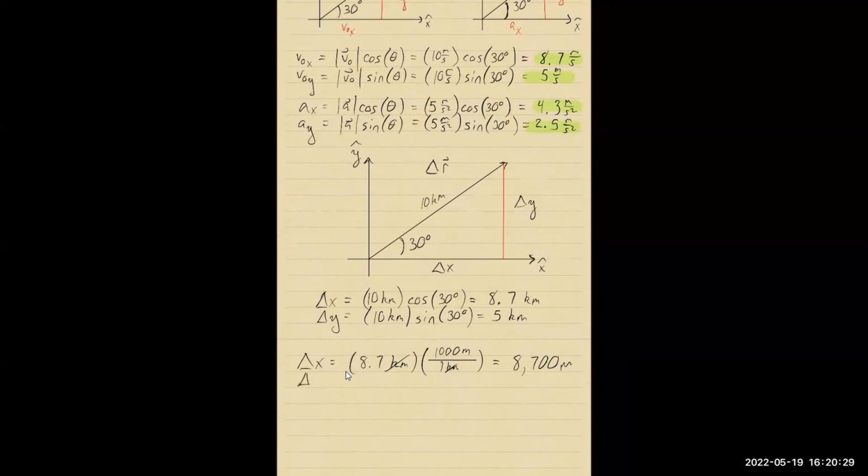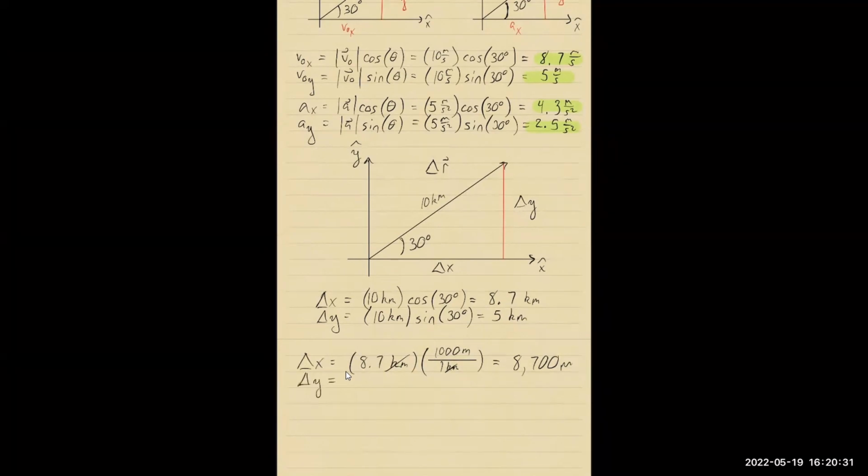And then for our displacement in the y direction, that's going to be 5 kilometers times our conversion factor, which is 1,000 meters per 1 kilometer. And so this becomes 5,000 meters, just like that.